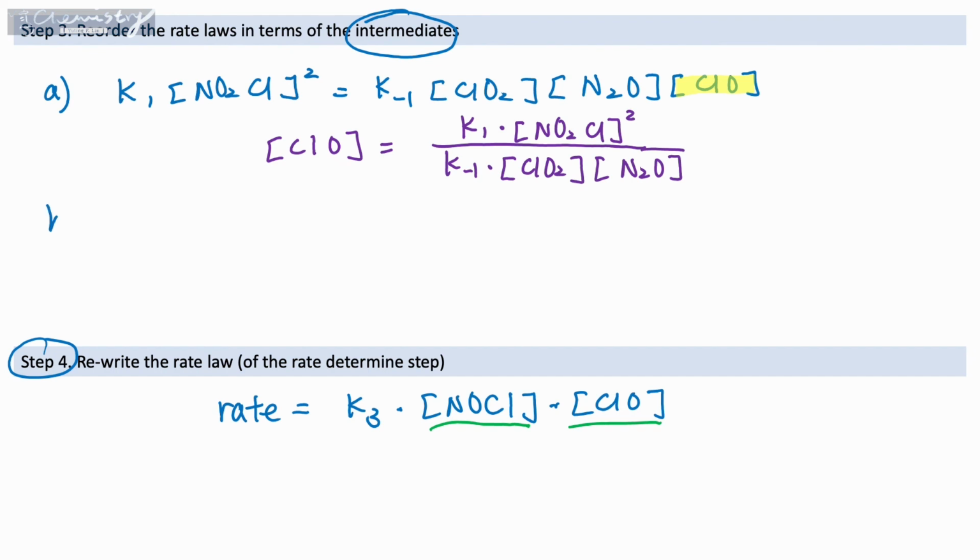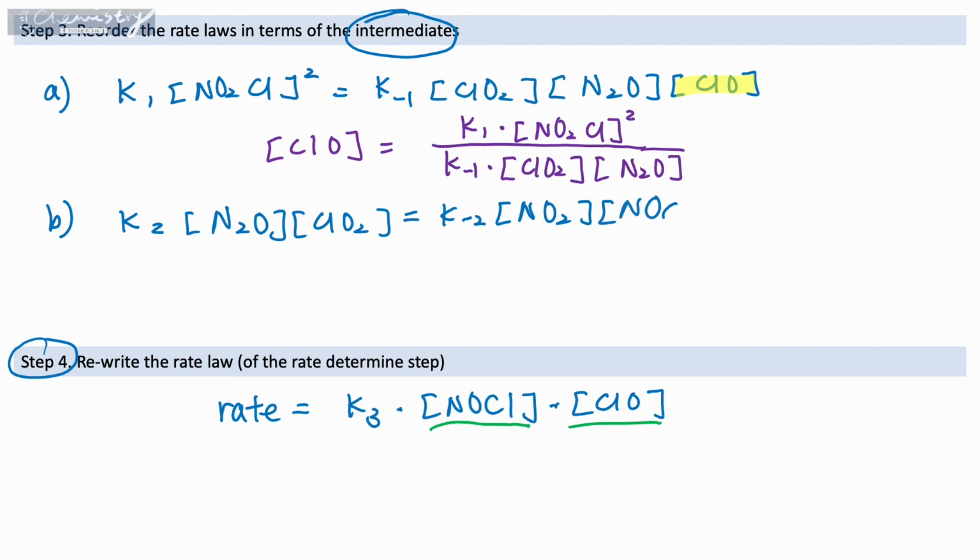And for part B, this is our original one, K2 N2O, and then ClO2. I'm just writing down what we found in the previous step because I couldn't get them to be on the same page. So we are trying to express NOCl in terms of everything else.